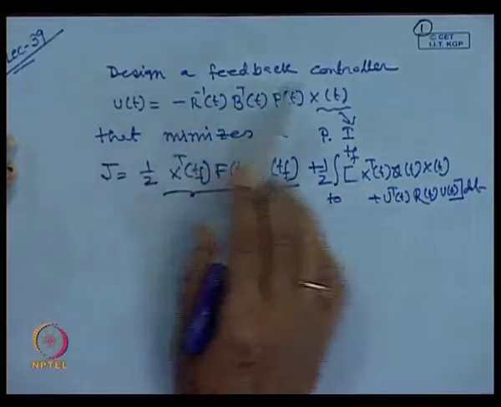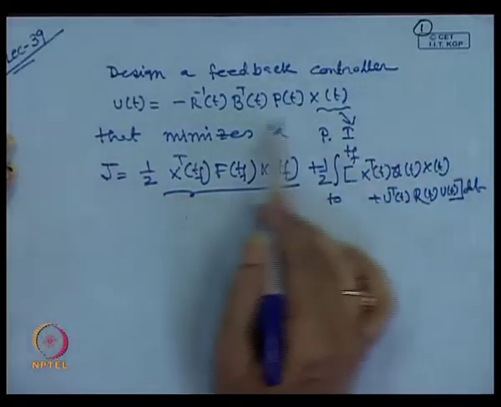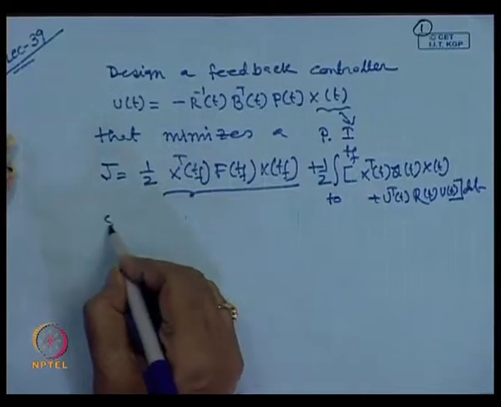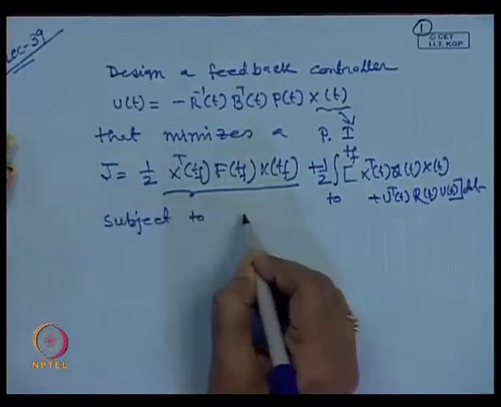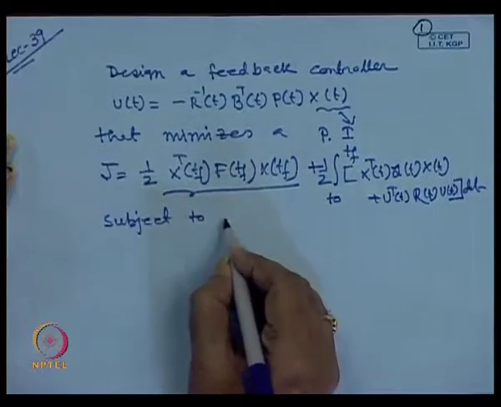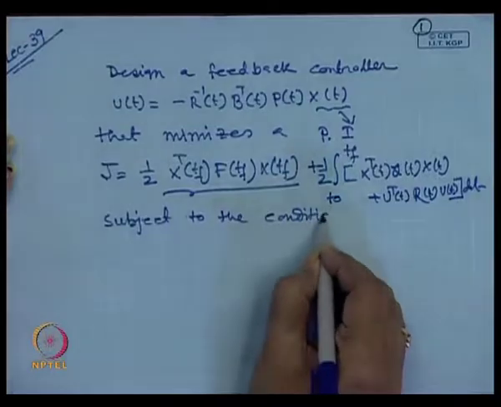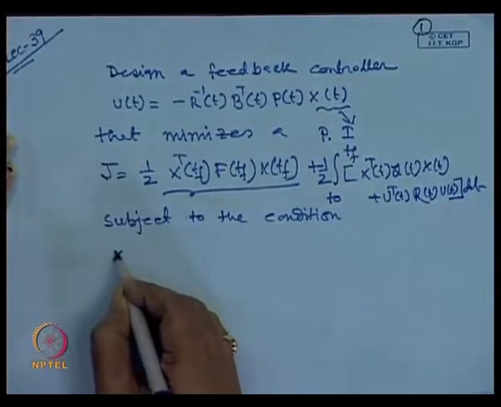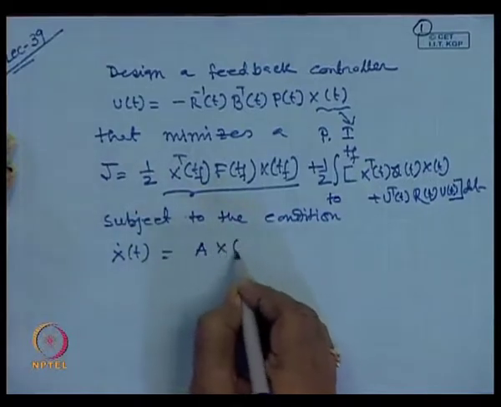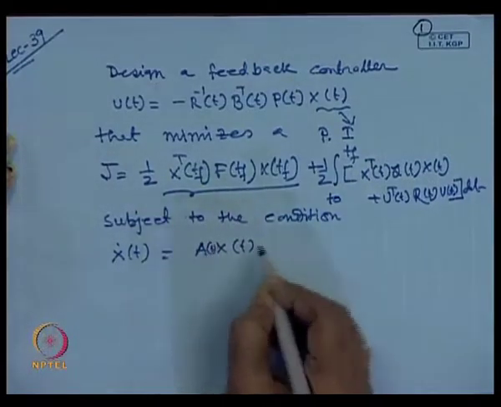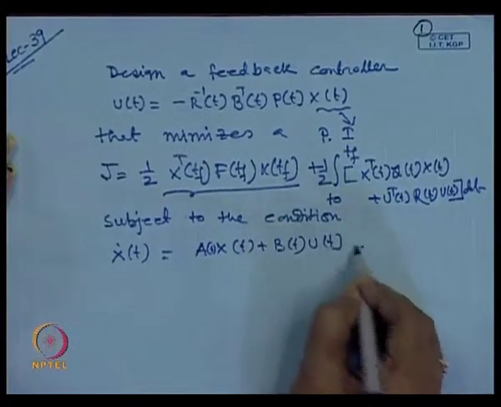So, our problem is to design a control law u such that this performance index is minimized subject to the equality condition x dot of t is equal to A of t x of t plus B u of t.